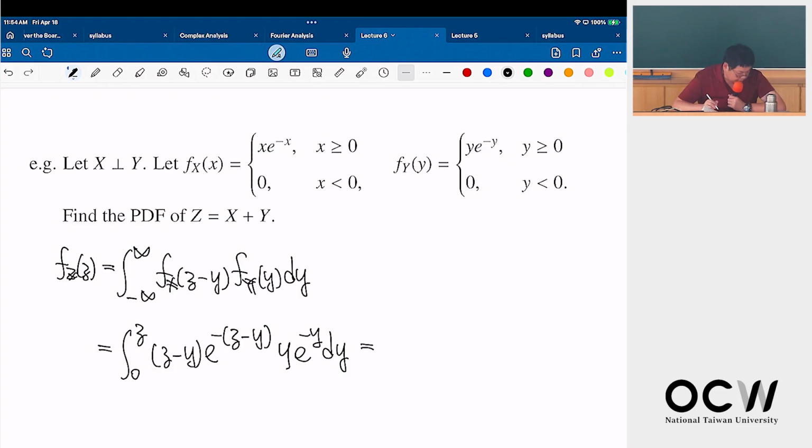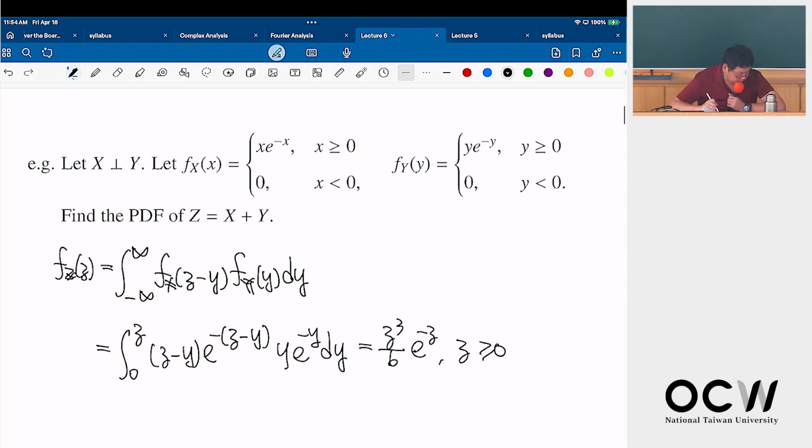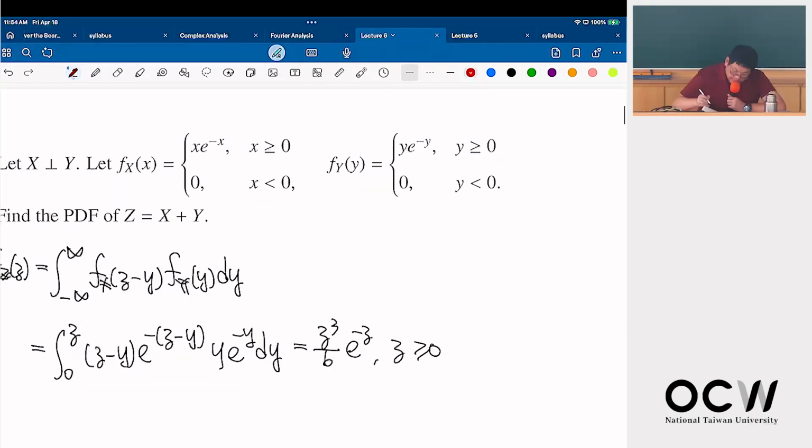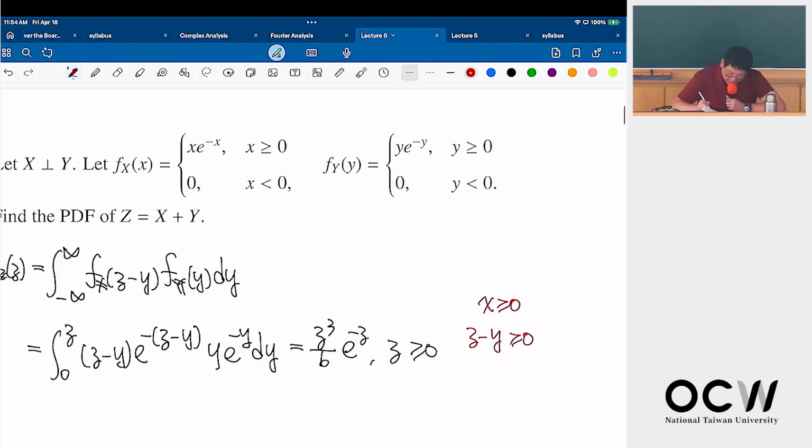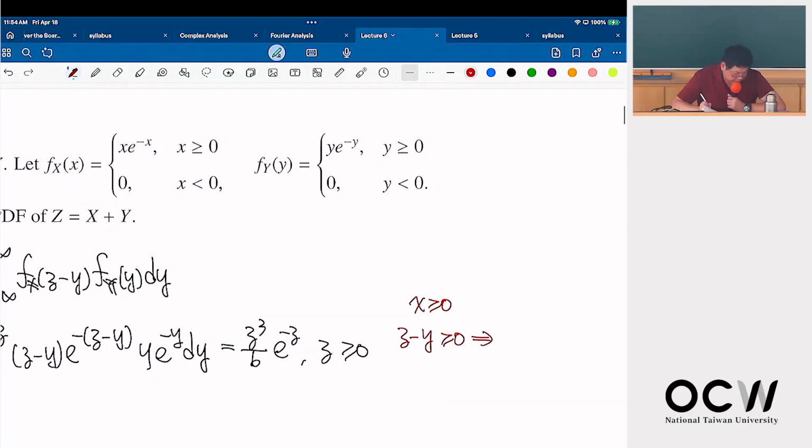And then here you get z cubed over 6 times e to the minus z for z greater than or equal to 0. Because we know that x is greater than or equal to 0, right? So z minus y should be greater than or equal to 0, and that's why z is greater than or equal to y.